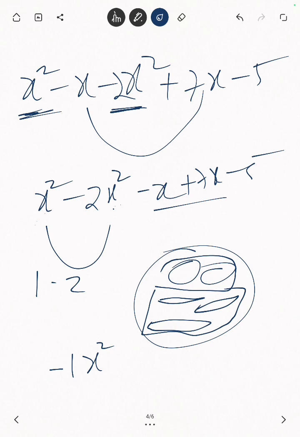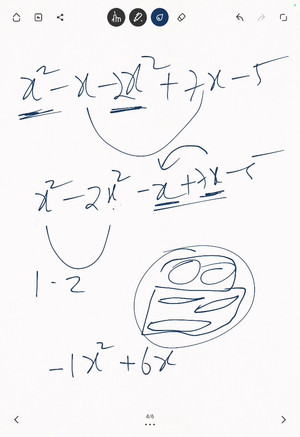In the same way, let us consider here there are 7 bananas, and this is minus 1 banana. 7 bananas minus 1 banana. What is the answer? 6 bananas, right?